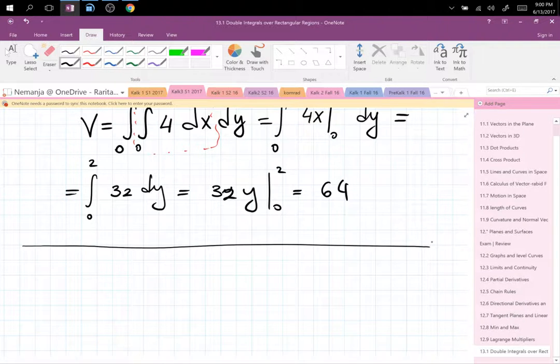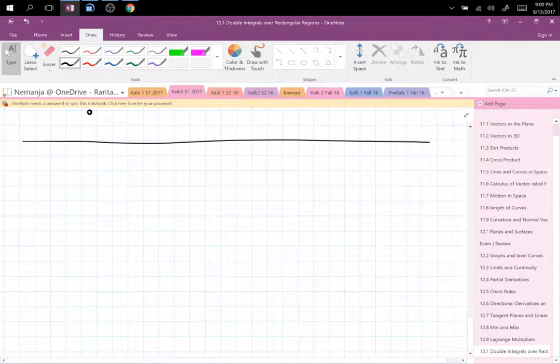So let's take a look at some of the problems. The first order of business is for us to learn how to compute this. So let's compute one. This is already set up. We just need to compute it. There it is.